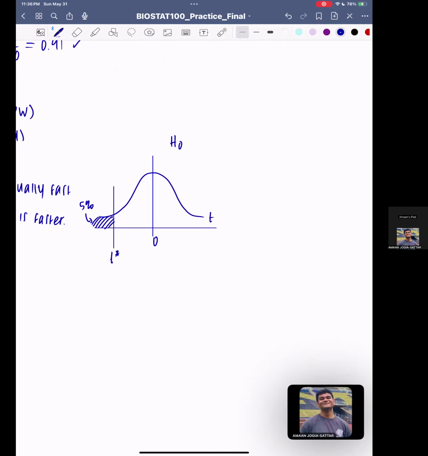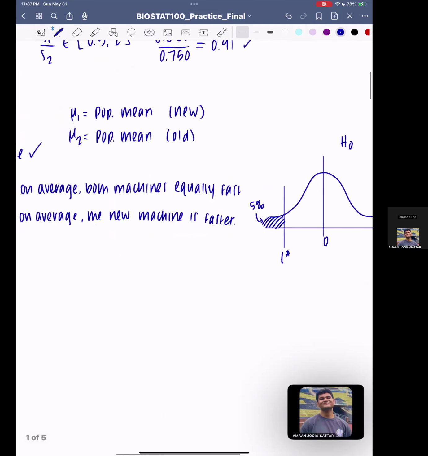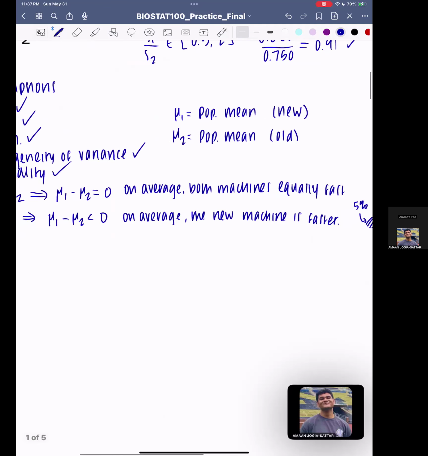And so if our observed T star falls within this region of the distribution, then we can be fairly certain that maybe the null hypothesis isn't the operating framework, because it's pretty rare that we'd get this as a randomly sampled test statistic. Does that make sense? So the point of this is just to say that we're dealing with a one-tailed test, specifically the left tail, when we imagine the null distribution of our test statistic. This will become more clear as we keep working with this. So if this doesn't make too much sense right now, please don't worry.